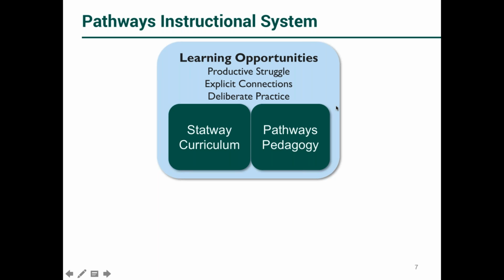And the second is explicit connections. Explicit connections refers to giving students opportunities to make explicit the conceptual, procedural, and situational relationships that a mathematical task might offer and a mathematical lesson might offer.